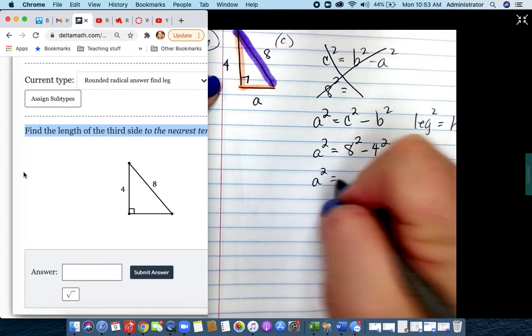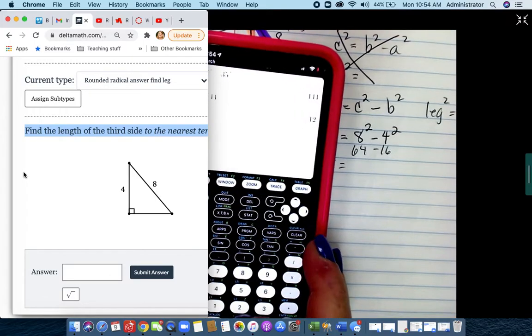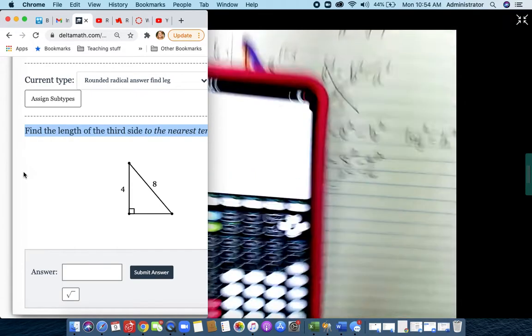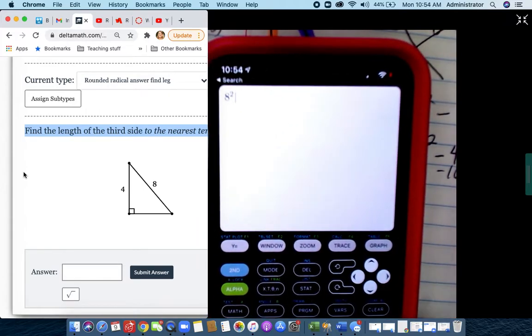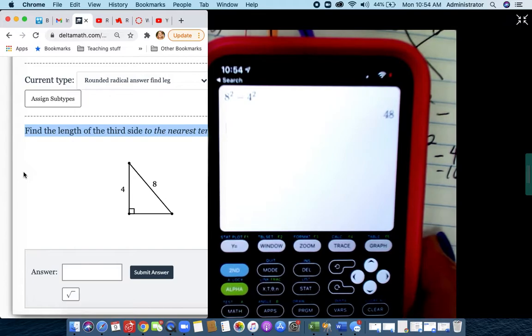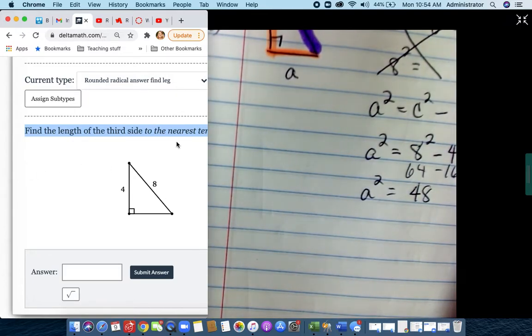If you feel confident with going, oh, that's 64 minus 16, you can. Or you can just use your calculator. Let me make sure it's focused. 8 squared minus 4 squared, a little blurry, but 48. And remember, we are rounding to the nearest tenth.